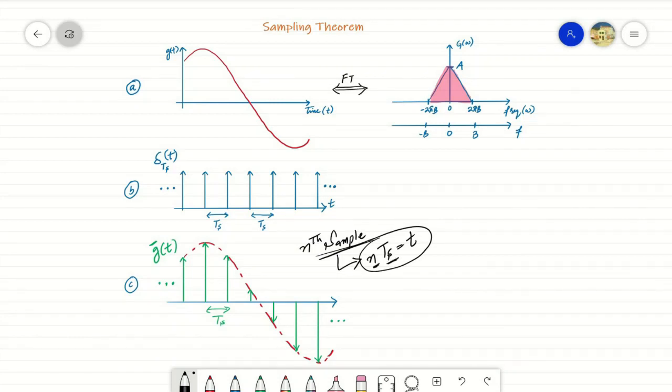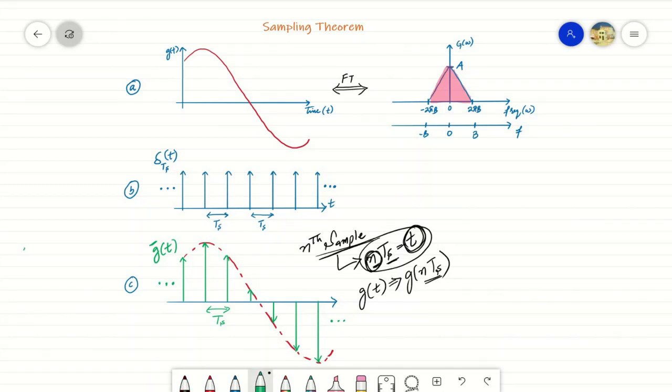So by this we can calculate the time of every sample where the index of the sample is available. And for that time instant, the strength or the amplitude of the given analog and continuous signal g(t) can be calculated as g(nTs). That is, n represents the index of the sample and Ts represents the span of every impulse.